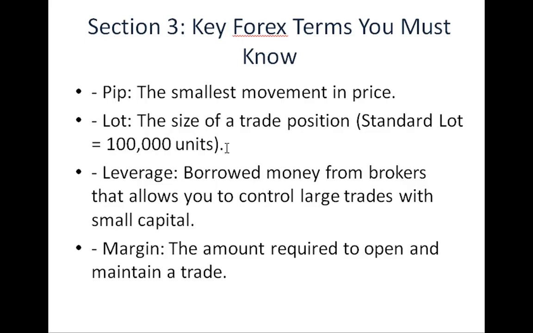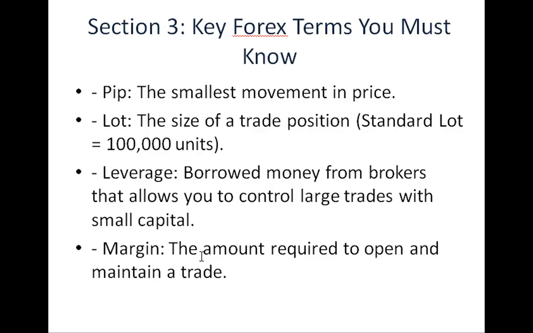A standard lot is 100,000 units. We have mini lot size known as 10,000. We have micro lot size known as 1,000, and nano lot size known as $100 downwards.